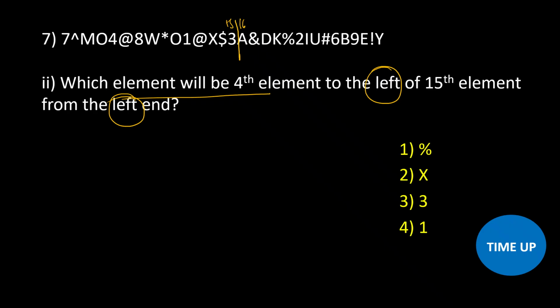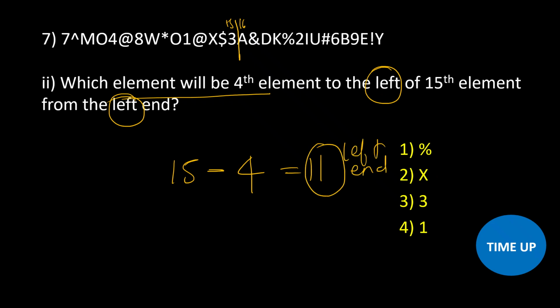Now, which element will be the fourth element to the left of the 15th element from the left end? Left, left. So what will happen? Difference will come. 15 minus 4, that is 11. From the left end we want the 11th. If this is 15, this is 14, 13, 12, 11. This is 11. Correct? But what we want?